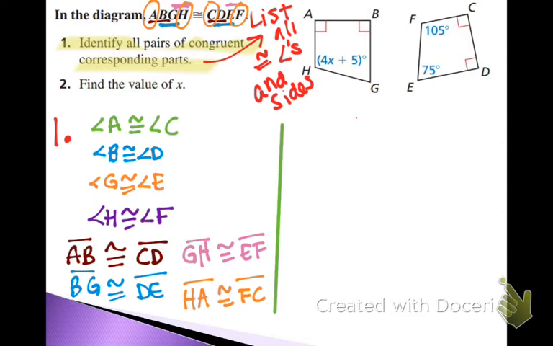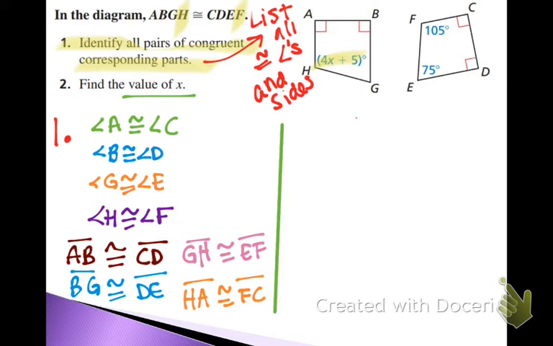All right, so because of this, we find the value of x. Where is x right now? Angle H. What angle is congruent to angle H? F. H is the last letter, F is the last letter.